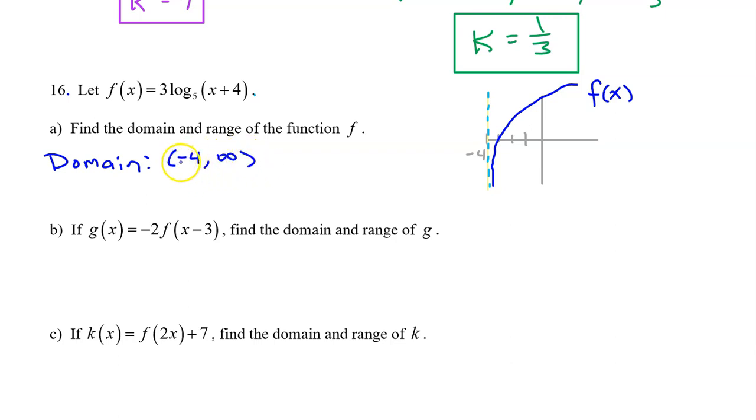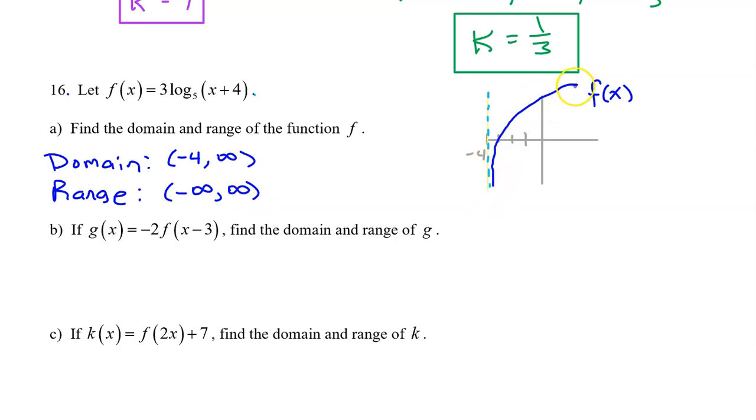Make sure you use a parenthesis on the -4. The curve never reaches the vertical asymptote, so -4 itself is not part of the domain, and we show that with a parenthesis instead of a bracket. As I mentioned, the range for a logarithmic function is always -infinity to +infinity, because the y values go down forever and up forever.